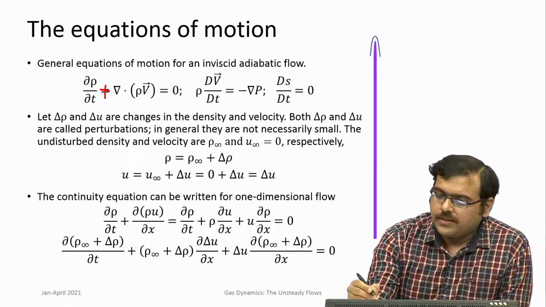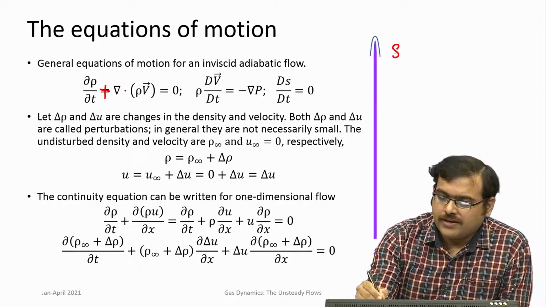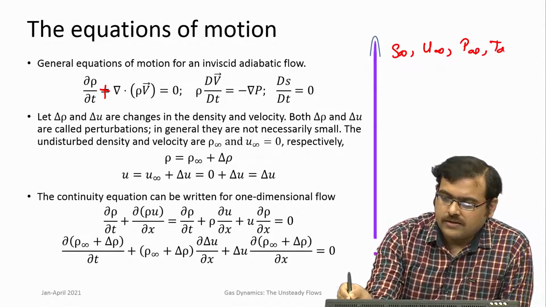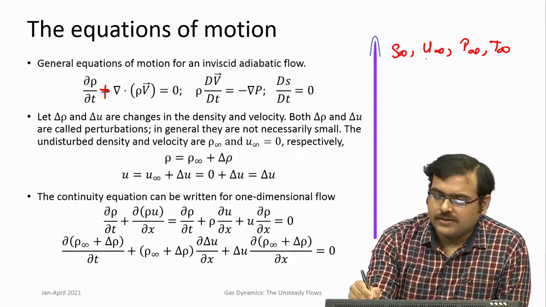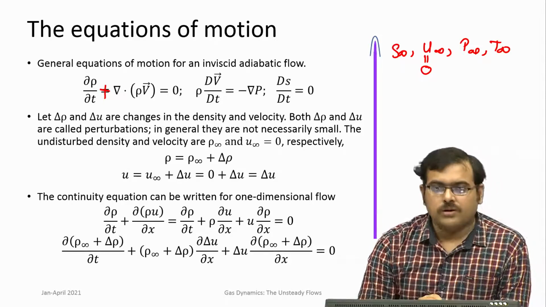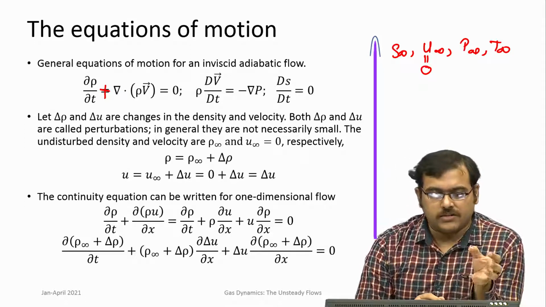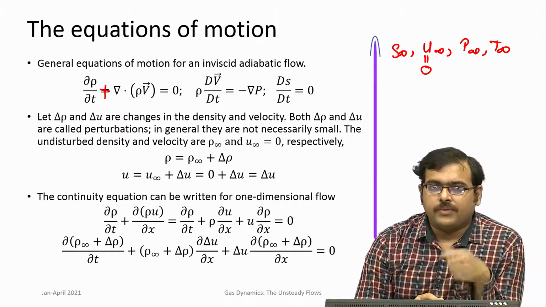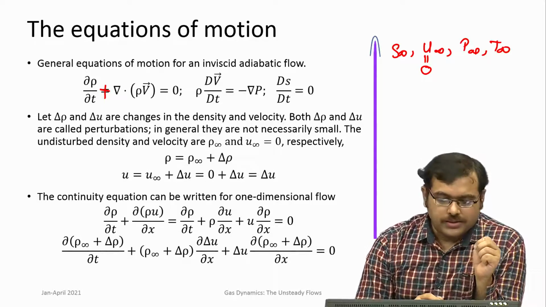The undisturbed or quiescent flow medium has ρ∞, u∞, p∞ and T∞ as properties, and if you take a quiescent medium, u∞ is equal to 0. Now what we are trying to do is to see how these small changes propagate in the medium, and we consider only one dimension.